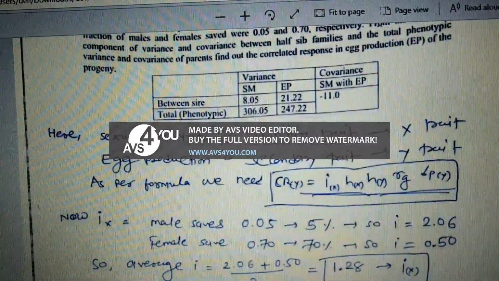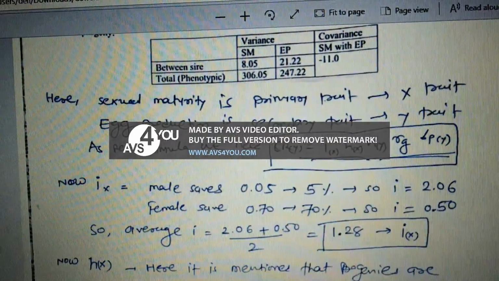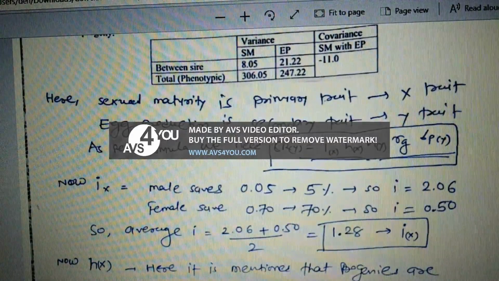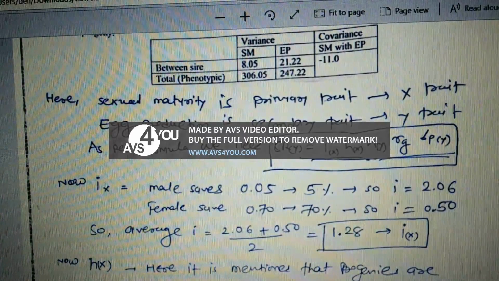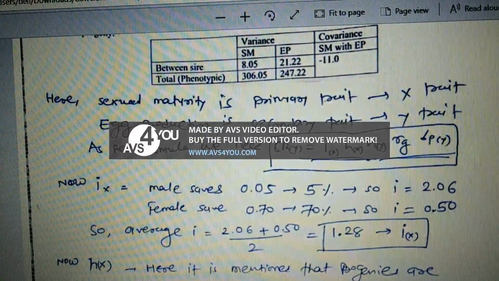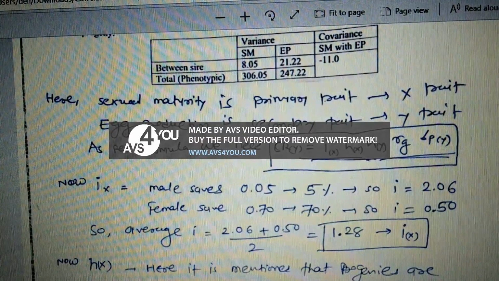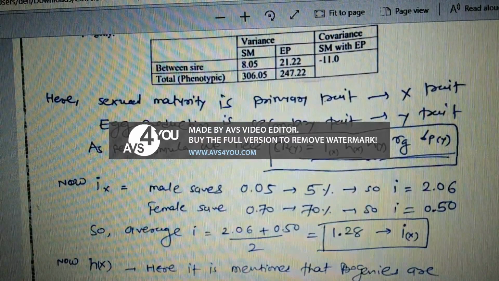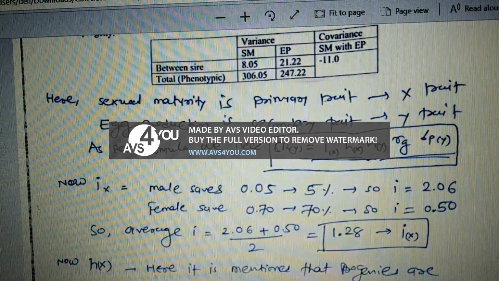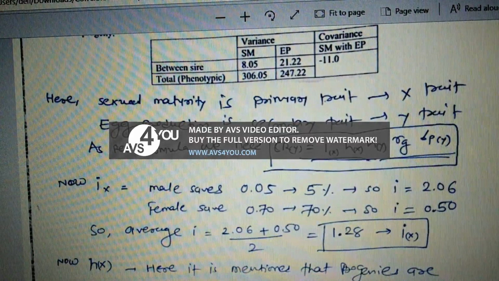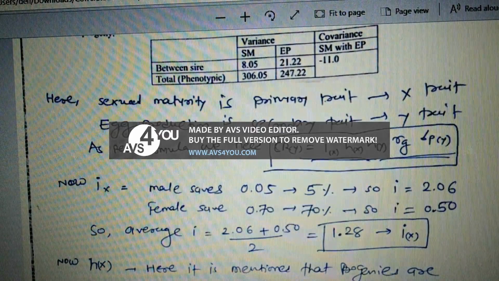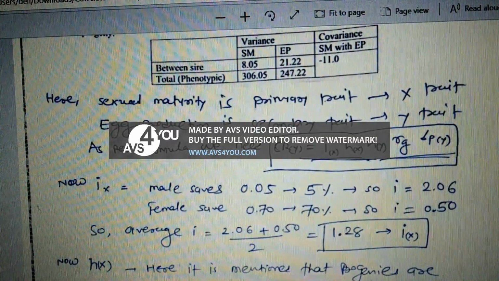Let us see the solution. Sexual maturity is our primary trait, so we can say it is the X trait. Egg production is our secondary trait, that is the Y trait. And we know the formula of the correlated response to selection. According to the formula for correlated response to selection in the Y trait, we need IX, the intensity of selection for the X trait, the sexual maturity trait.